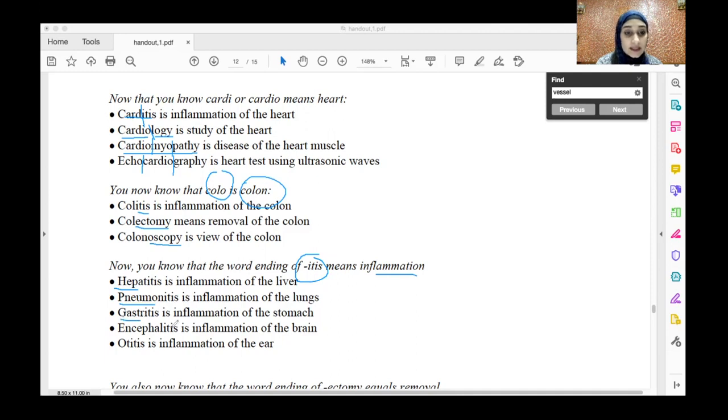Gastritis means inflammation of the stomach. Encephalitis means inflammation of the brain. Otitis means inflammation of the ear. All right, so you can understand many medical terms by dividing them into prefix, root, and suffix.